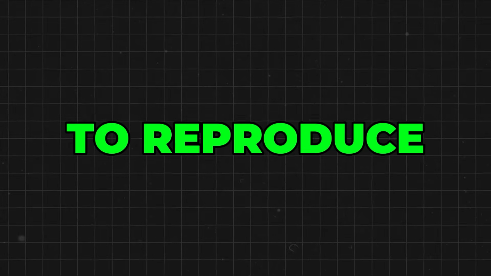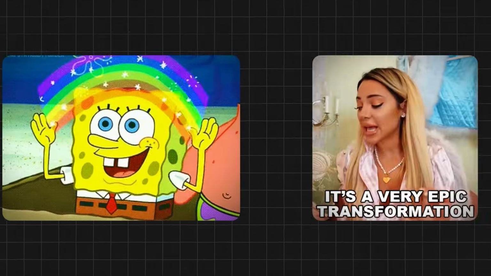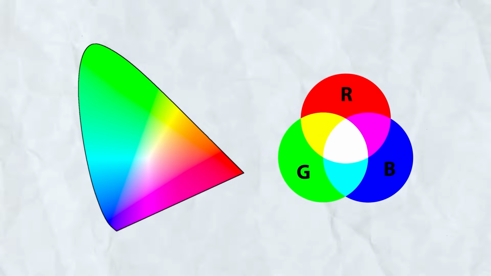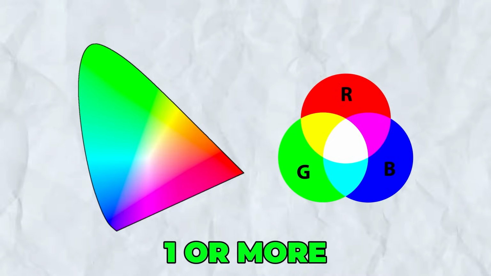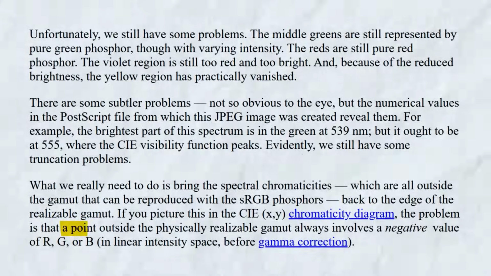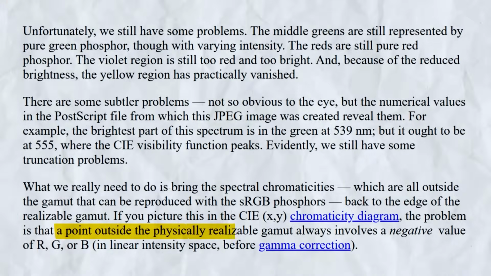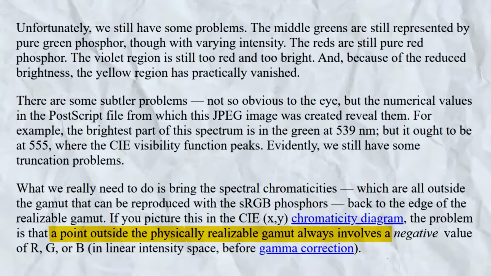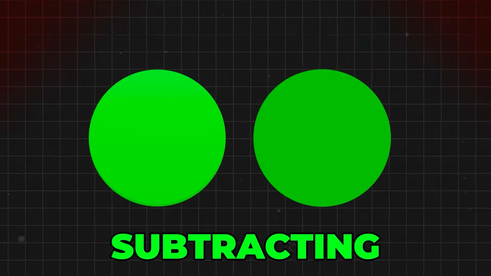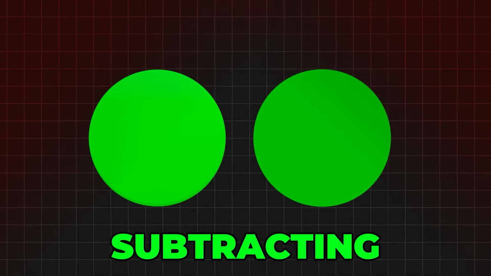To reproduce certain pure spectral colors, the transformation from CIE color space to RGB would require negative values for one or more primaries, physically impossible in actual displays. A point outside the physically realizable gamut always involves a negative value of R, G, or B. For instance, reproducing certain greens would mathematically require subtracting red light, which displays simply cannot do.